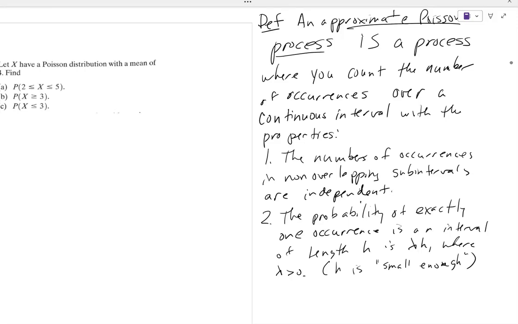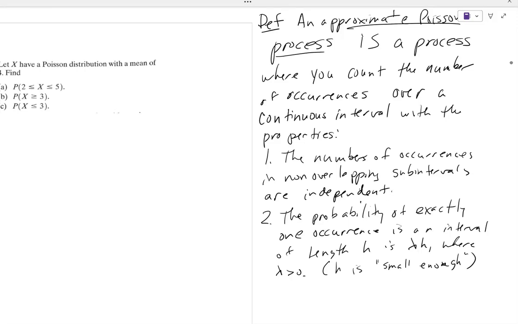Again, think about your calls coming into a call center, people walking into a bank. If you think about calls coming into a call center and time being continuous, two calls cannot come in at exactly the same time. One has to get there first versus the other, right? If you think about time being continuous and calls being discrete actions, they're not going to happen at literally the exact same time, right?